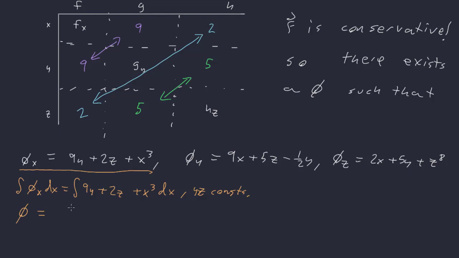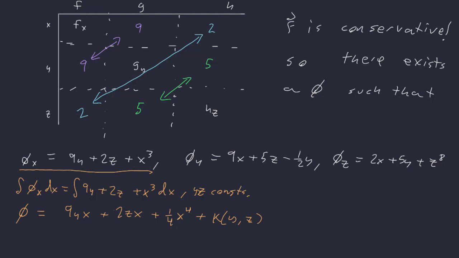So the integral will be 9yx plus 2zx plus 1/4 x to the 4th, and then plus an arbitrary constant k of y and z, because those are our constants right now.